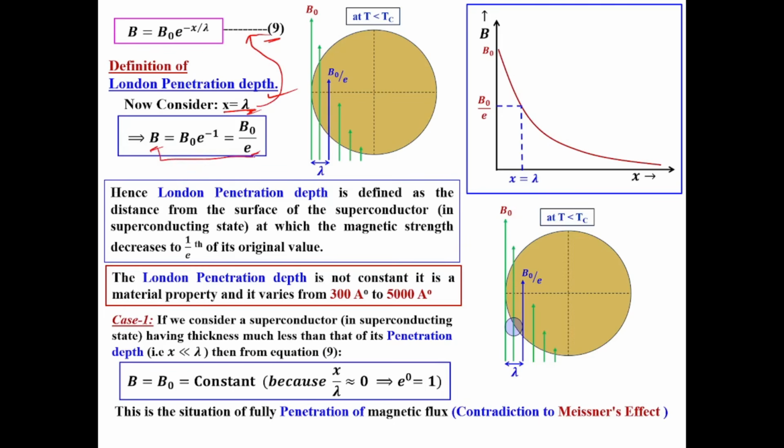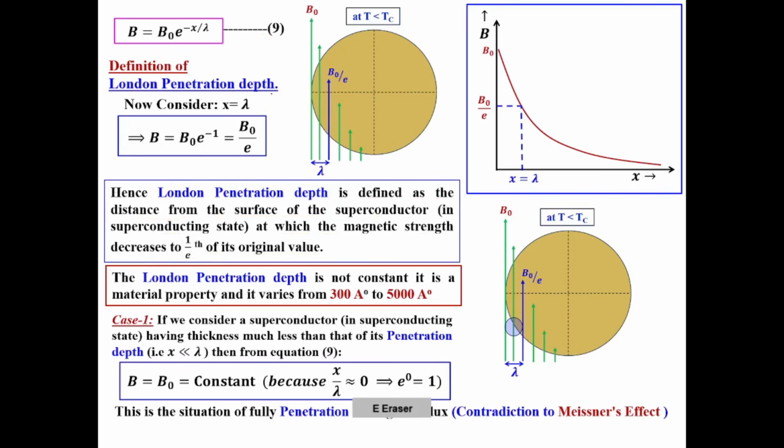So from this expression we can define that the London penetration depth is the distance from the surface of the superconductor, which is in the superconducting state obviously, at which the magnetic field strength decreases to 1 by e of its original value.